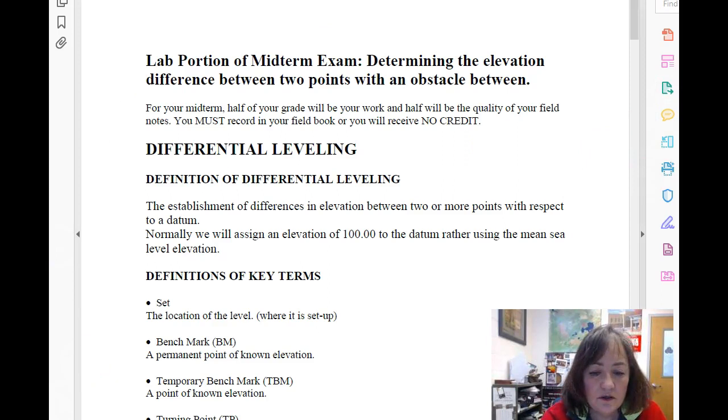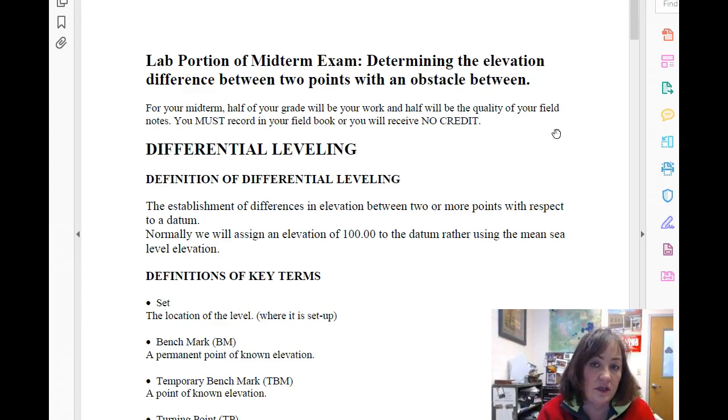All right, so here on this document, the lab portion of the midterm is to determine the elevation difference between 2 points, but these 2 points have an obstacle in between them. So when you have an obstacle in between them, what you need to do is set up a temporary point between them, find the elevation difference between the first point and the temporary point, and then find the elevation difference between the temporary point and the second point.